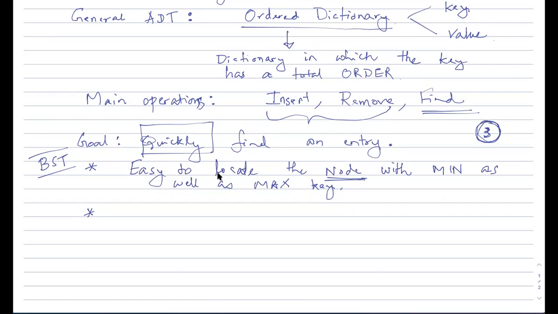Even in Google search, you have seen, even when you are not spelling the word correctly, Google can figure it out. That, okay, did you mean this, right? It's almost like that. So this ability to find inexact match is one of the most interesting features of a binary search tree.